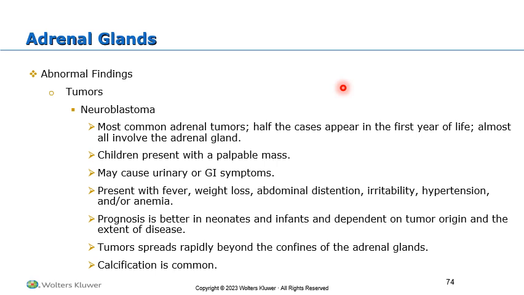So they're transitioning, and that cortex will get smaller over time. And that's one of the reasons that we can see these adrenals better in our newborns. But the cortex itself is going to be made up of the GFR, right? So the glomerulosa layer, the fasciculata layer, and the reticularis layer.